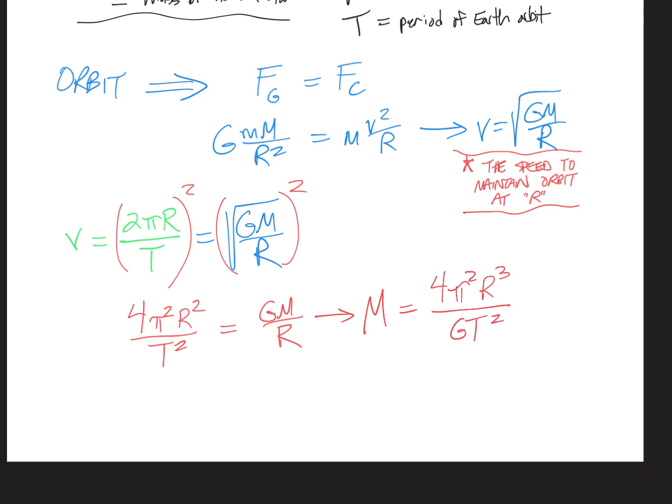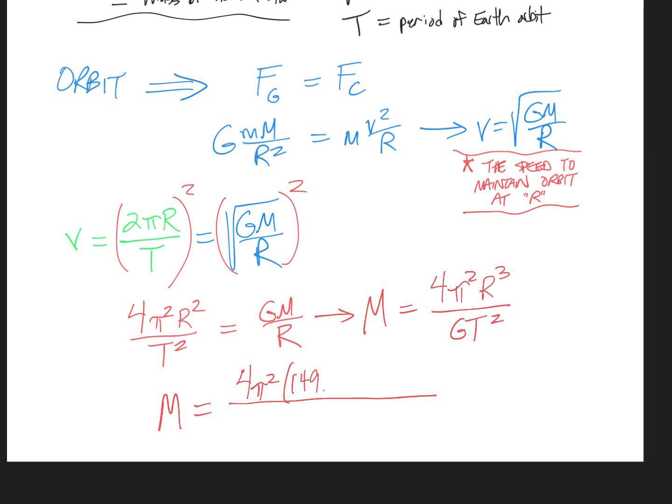Okay, lots of stuff to plug and chug here. So let's go ahead and go through it. Well, 4 pi squared, that just is what it is. R cubed, well, you would have to go look up the distance, and remember we're comparing this other star system to our own. It just happens to be the case, if you looked up this R that we called the radius of the Earth orbit, you've heard that the Earth is 93 million miles away.